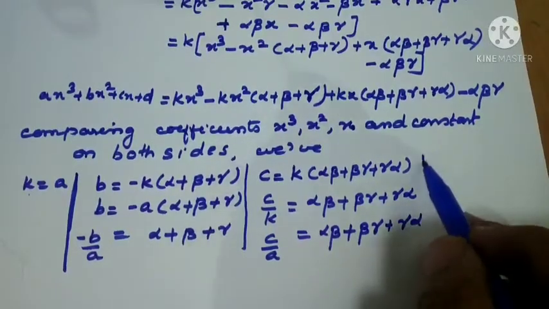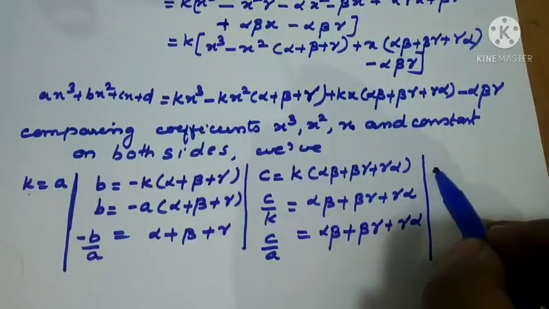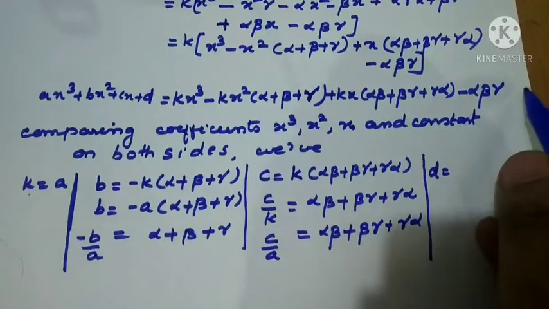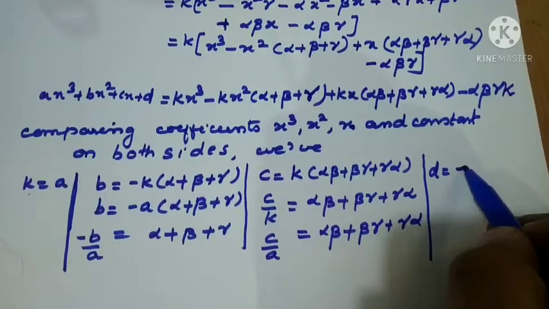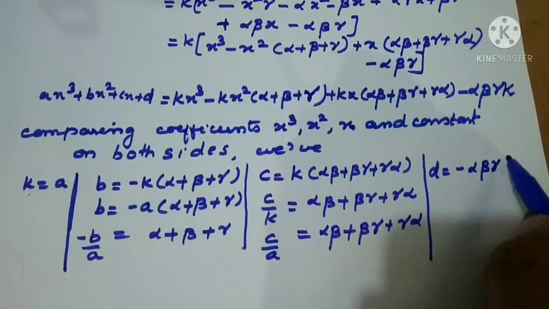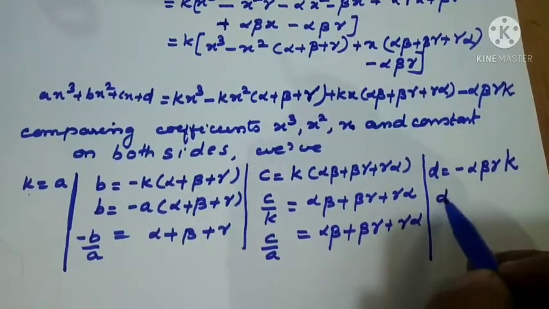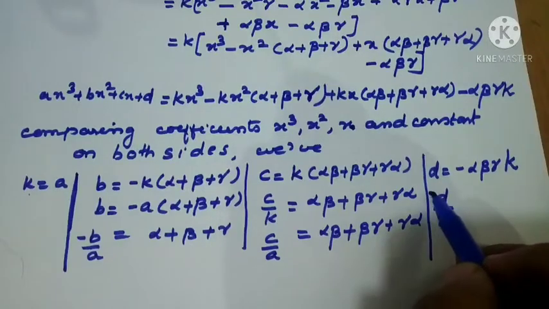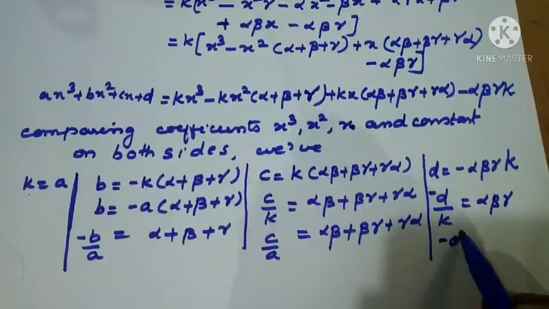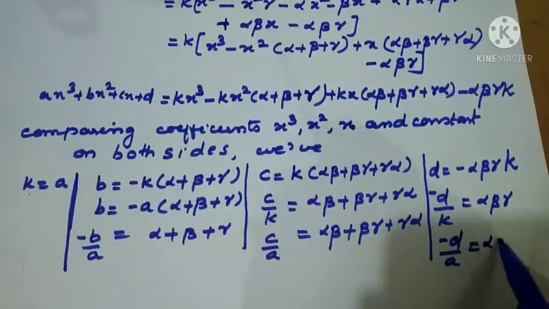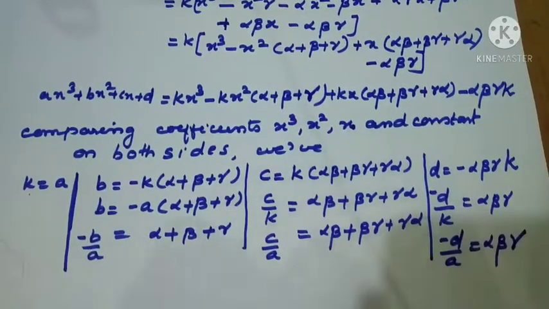Now what is left for us? The constant. That means d equal to, sorry, here I have not written k, k should be multiplied, minus alpha beta gamma into k. That means d by k with minus sign equal to alpha beta gamma, or minus d by a equal to alpha beta gamma.